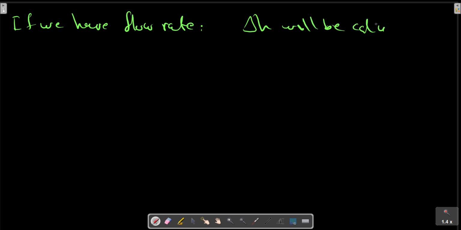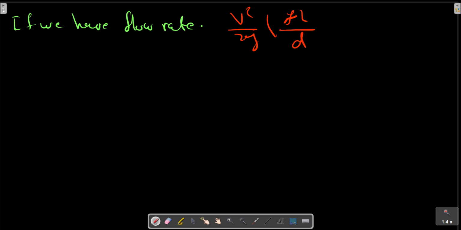The right hand side of delta H is this expression. With Q, we can calculate velocity, V squared over 2g, the friction factor as a function of Reynolds number and the pipe geometrical specification, and the factor for kinetic energies.